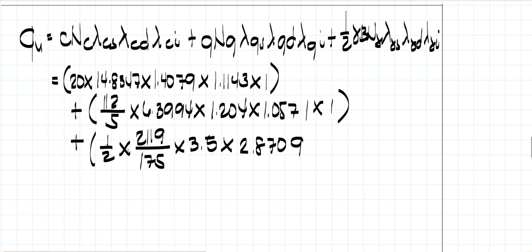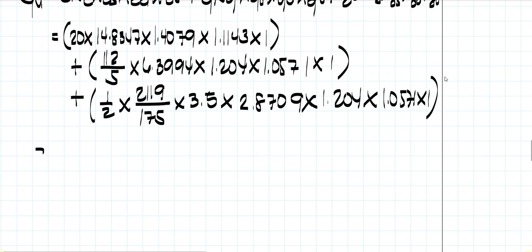So, that is yung N gamma natin. Then, yung lambda gamma S, which is 1.204 times yung lambda gamma D, which is 1.0571 times inclination factor of 1.